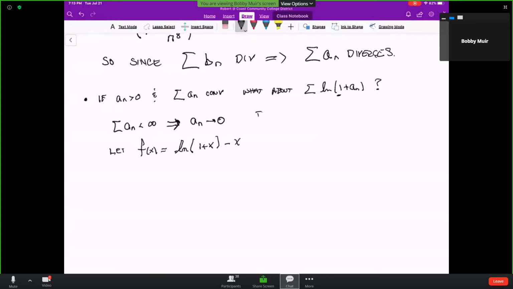I'm going to try to show that the natural log of 1 plus a sub n is less than a sub n for n eventually big enough.